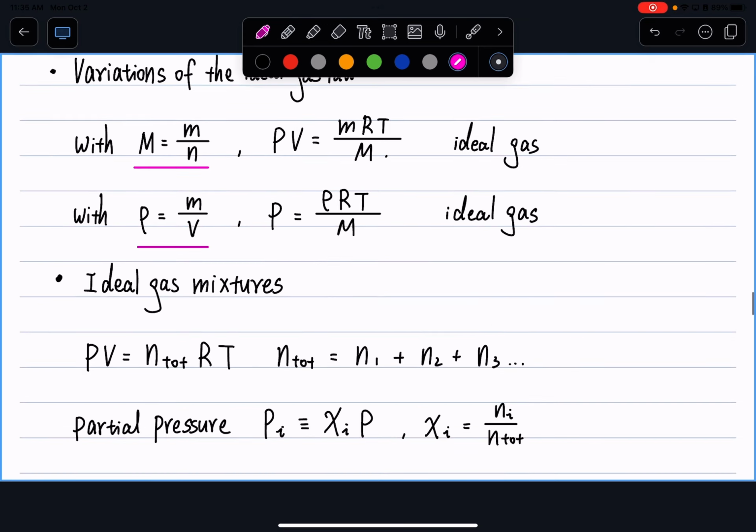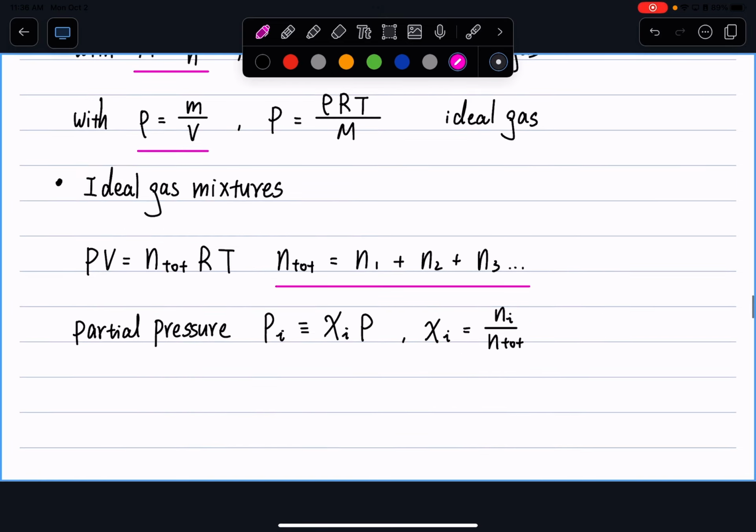And for ideal gases, because my gas molecules don't really interact with each other, the total number of moles will be given by n1 plus n2 plus n3, and we should have no problem with it. And you can use our mole fraction to have a different version of the ideal gas law.